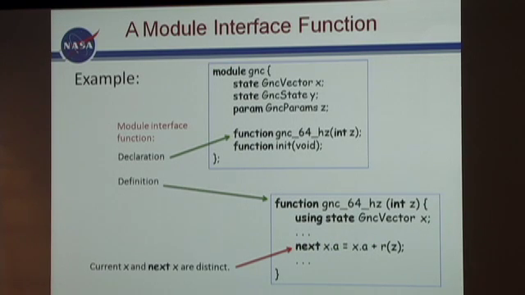So x refers to the current value of x, and next refers to what it's going to be the next time the function is called, in the future. And there's a rule. You cannot put this guy on the left-hand side of an assignment, and you cannot put this guy on the right-hand side of an assignment. So we've separated state from function, and we have separated the current state from the next state.